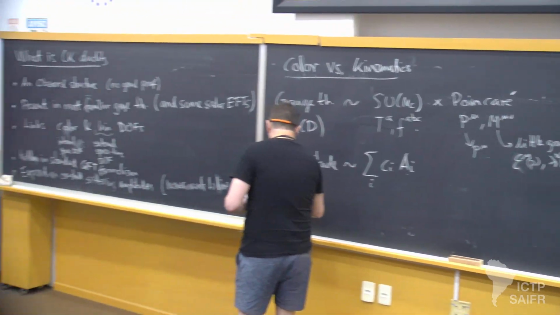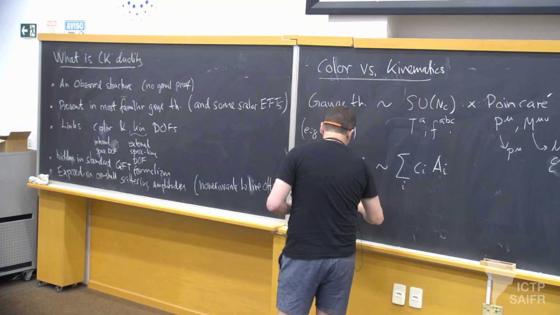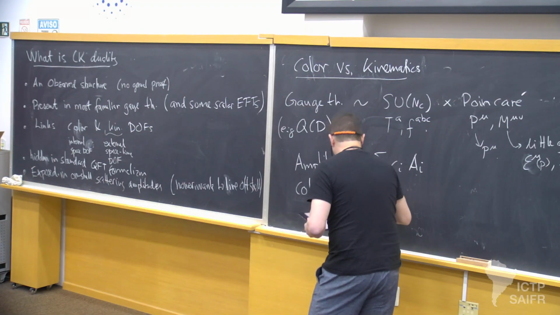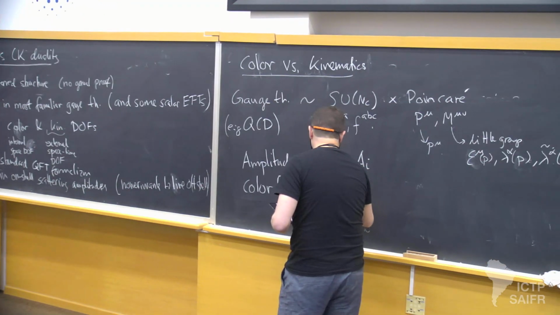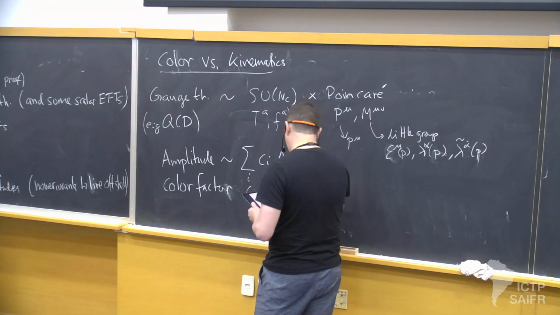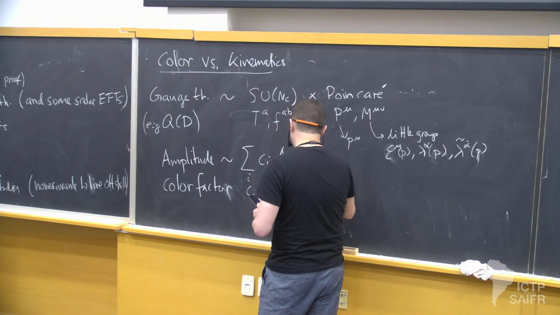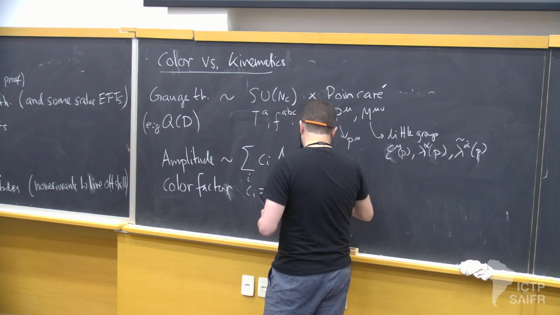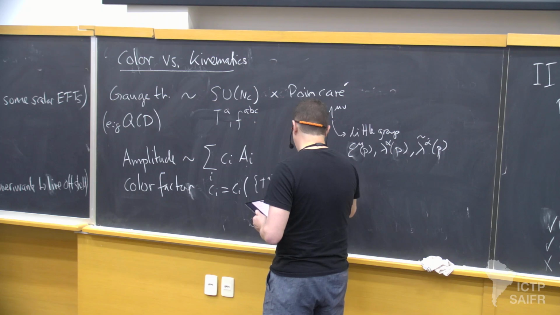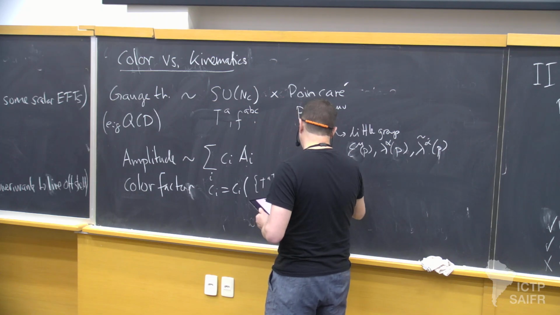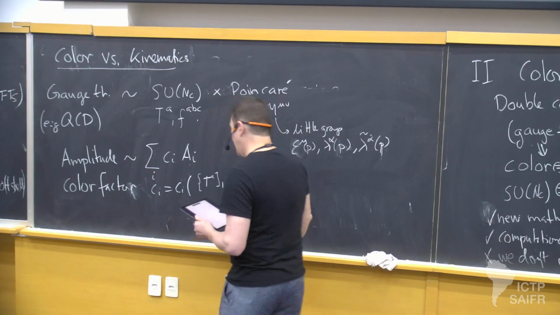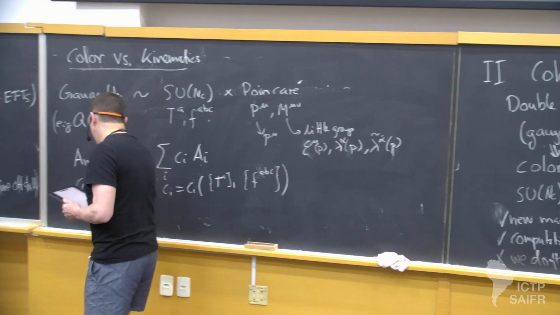So we have the color factor, C_i. C_i is a function of which graph or decomposition you're thinking of, but also of the generators. I put this curly bracket here to denote that you have many of them, depending on which particles you're talking about. That's your color factor.